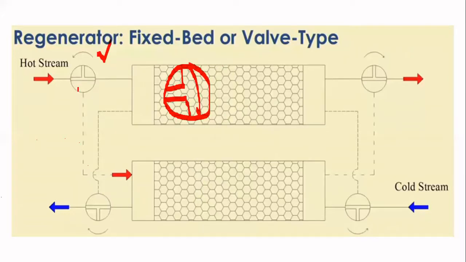What we have done, we have rotated the valve in this direction. When we do that, we get this position of the valve. Again, the stream will be entering in this direction. It has two options. It can flow in the upward direction, or it can go in the downward direction. But in the upward direction, we don't have any passage. So it is going to flow only in the downward direction. Is this part clear?